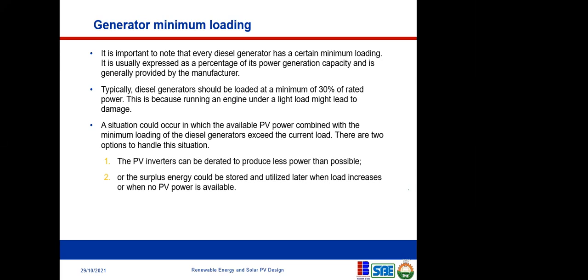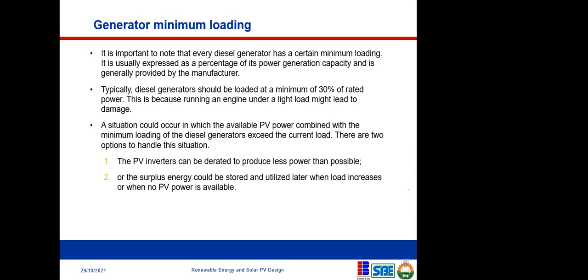And you're combining that generator with the solar system. So for example, you have a solar system of about 8 kilowatts. When that solar system is operating at its highest peak, it's producing 8 kilowatts. You're only taking 2 kilowatts from your generator.